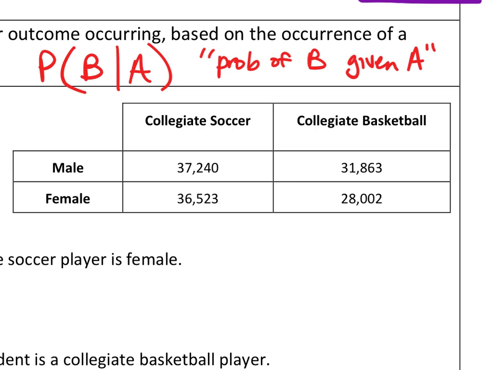To find that out, we add these numbers together to find the total number in the column called collegiate soccer. 73,763 total. Whoa, I put an extra 6 for no reason.